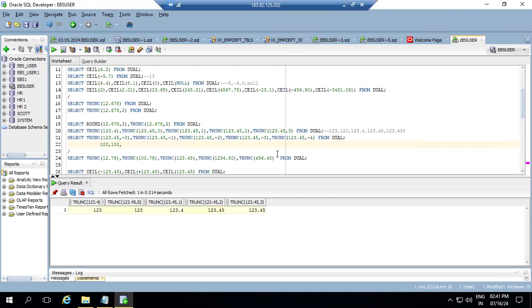Second one, 0. Third one, 123.45, comma, minus 2.